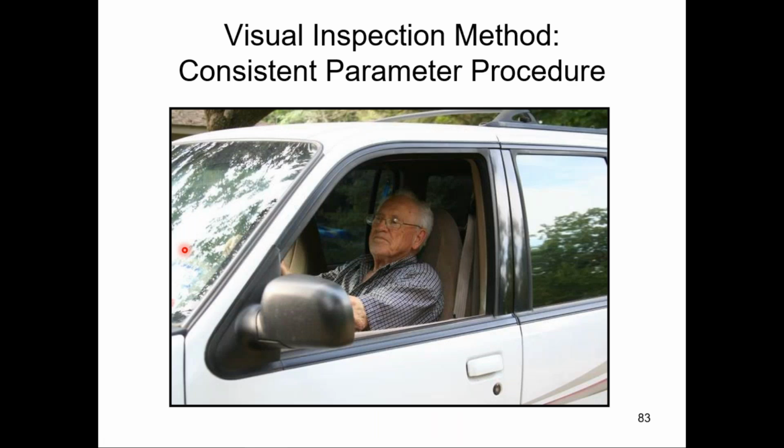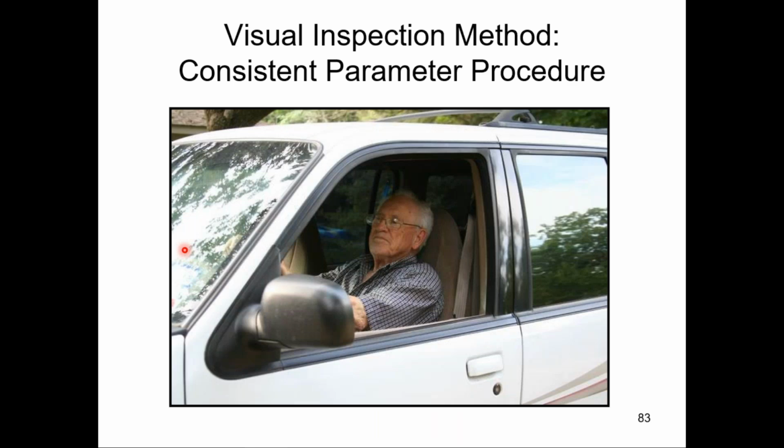Thanks, Ron. You're welcome. The third nighttime inspection method is what's called the consistent parameter procedure. And you might say, what the heck does that mean? Consistent with what? Well, back in probably the late 90s, when Federal Highway Administration was conducting the research that led to these minimum retro values, they did a lot of on-the-road testing with actual drivers and actual vehicles.